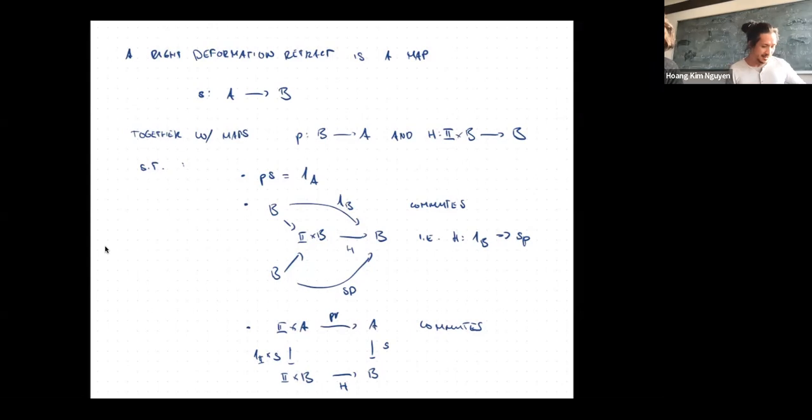So then the dual notion should be even more precise. That's the inclusion of the starting point, and that's the inclusion of the end point.